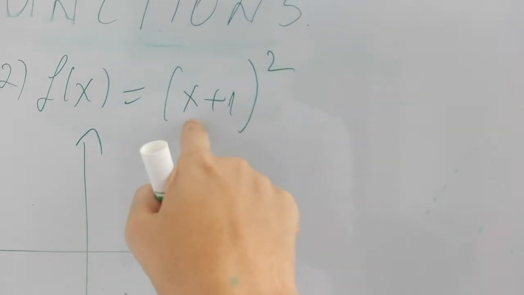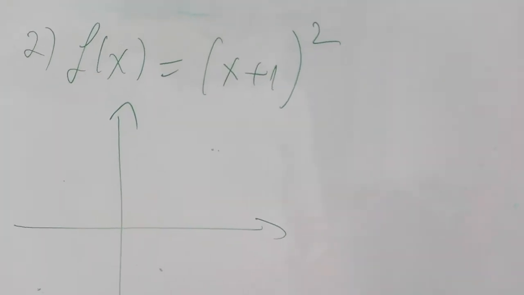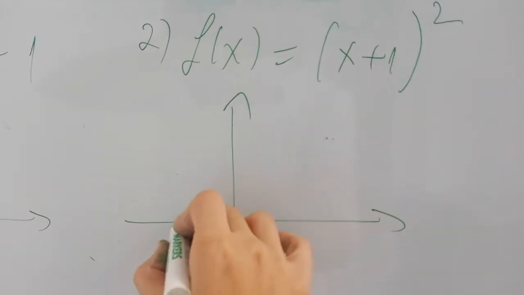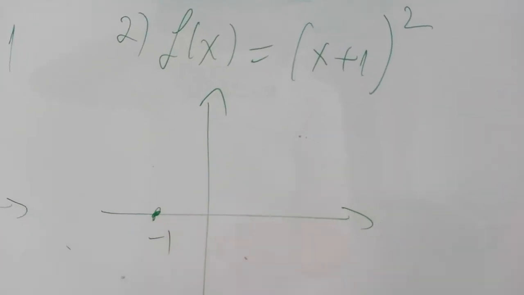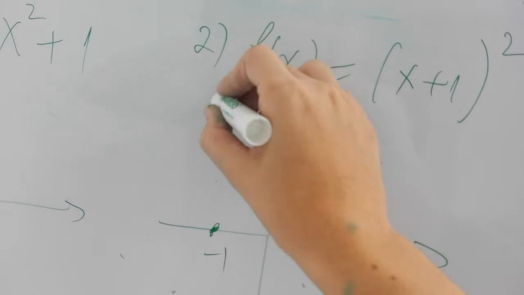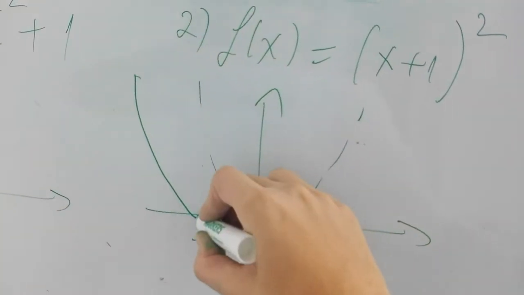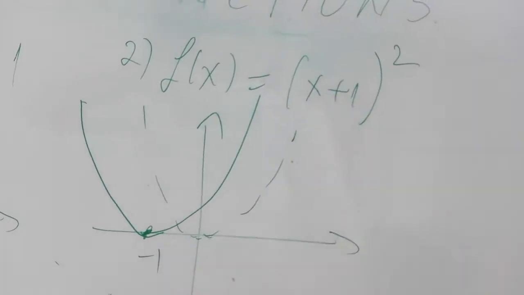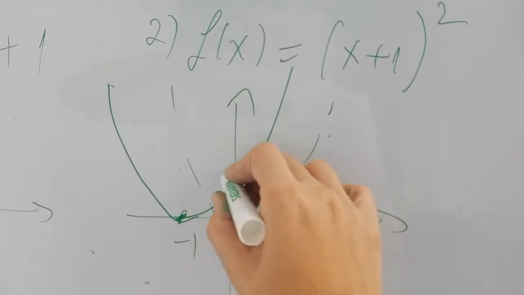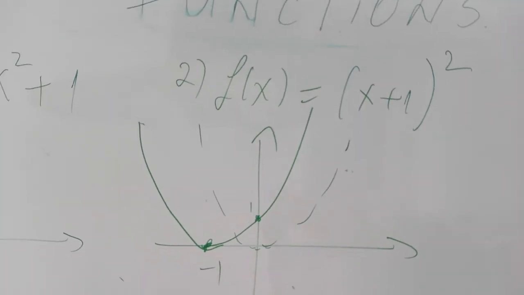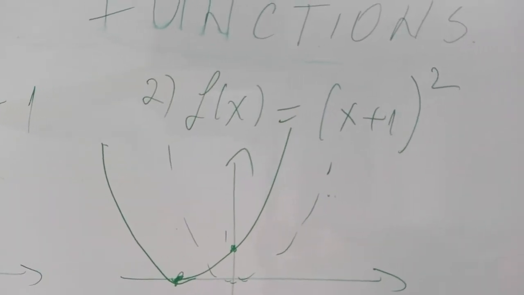So if I make x plus 1 equals 0, my x will be negative 1. So at negative 1 over here, I'm going to have my vertex, and the original one looked like this. Okay, and my new function, there you go, it will pass through 1.